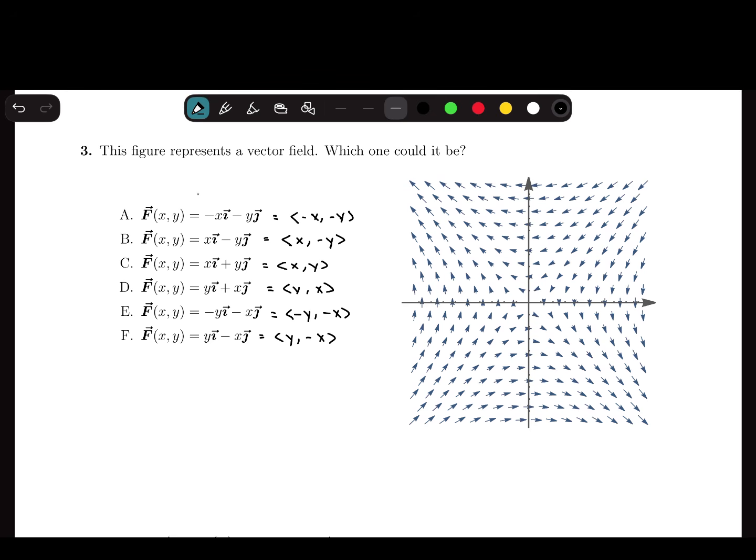So imagine this is a vector, right? The components of a vector tell you how much it goes in the x direction and how far up or down it goes in the y direction. So for this one, if this is vector v, the components of vector v would be positive x, positive y.